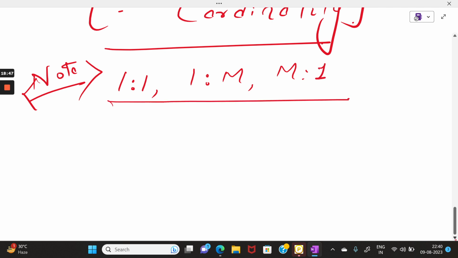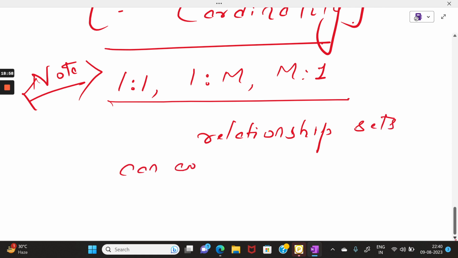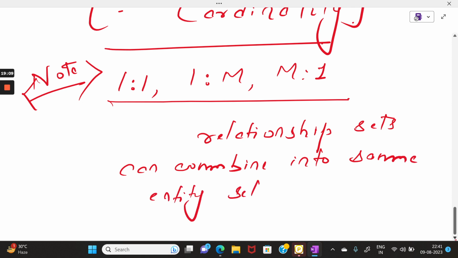Okay, and these relationship sets can combine into the same entity set. This is an important point because next we are going to discuss how we can convert our ER model into RDBMS tables.